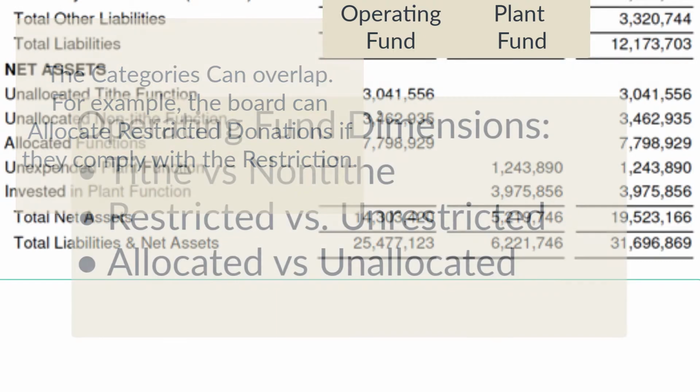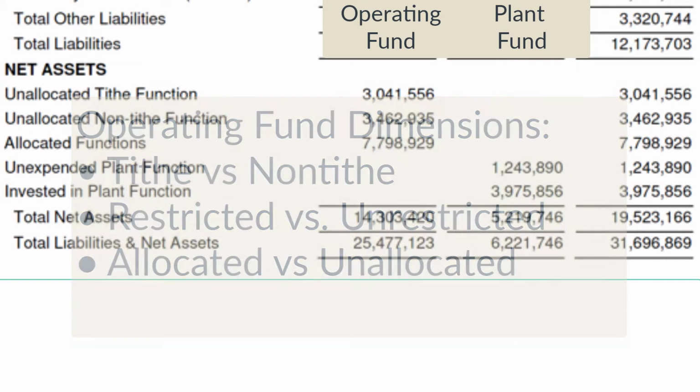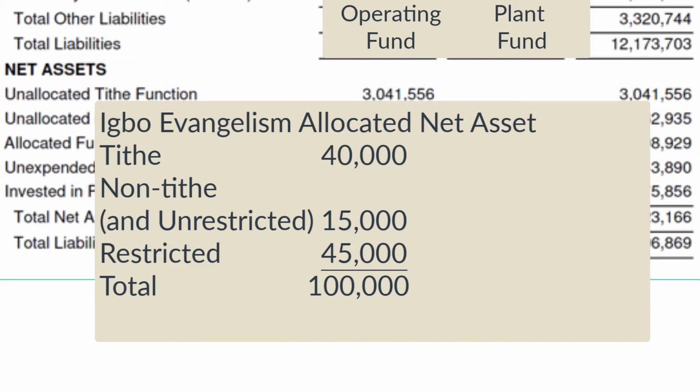Don't let these examples confuse you. There are 3 dimensions: tithe, restriction, and allocation. They are 3 separate, almost unrelated ways of having stewardship over the same money. So the Igbo allocated net asset has tithe donations in it, non-tithe donations in it, restricted donations in it, and unrestricted donations in it. The finance department has to keep this all sorted.